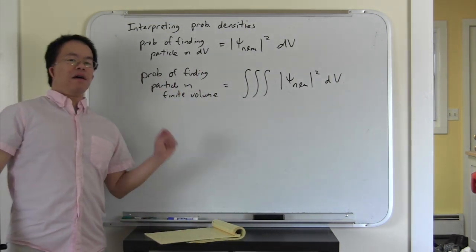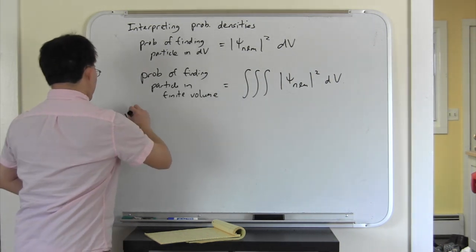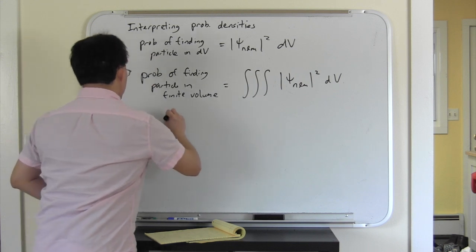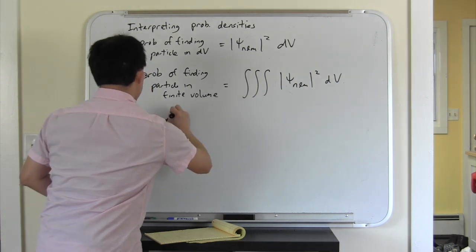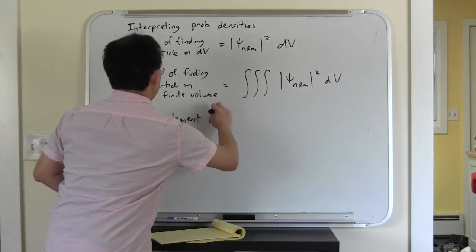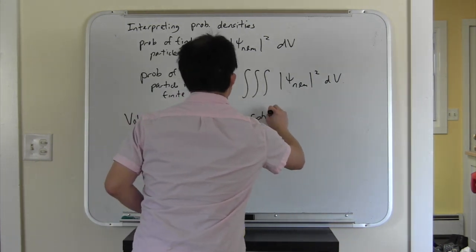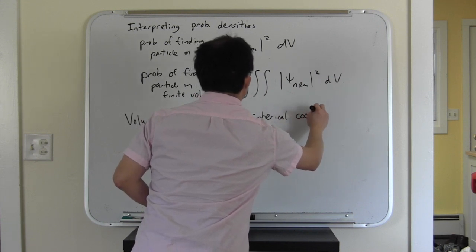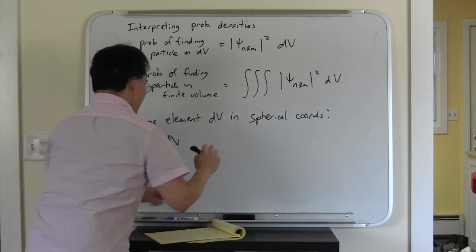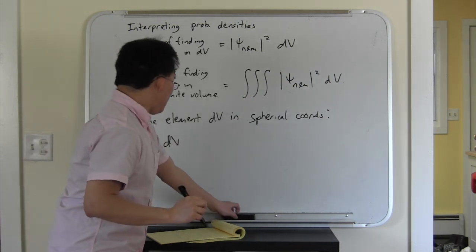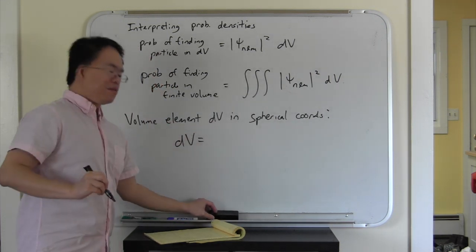Here's where things get tricky. What is the volume element in spherical coordinates? As hopefully you recall from multivariable calc, dV equals the following.